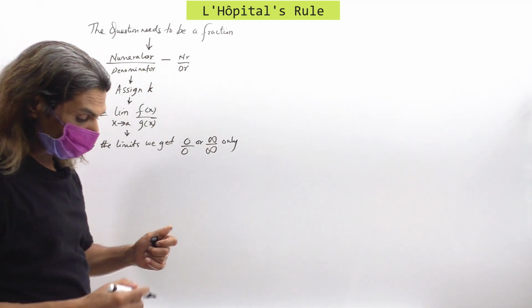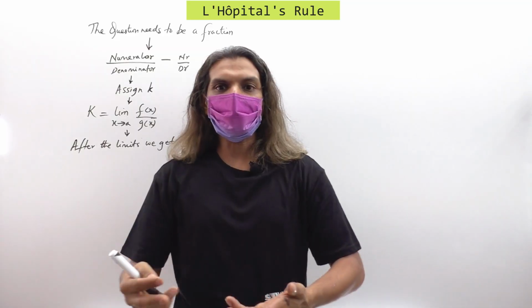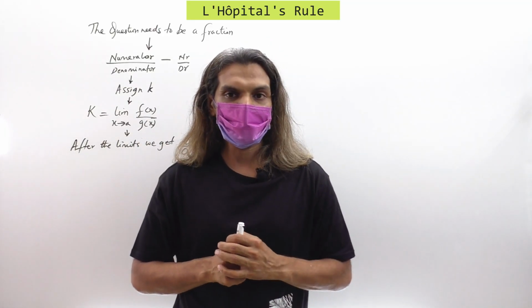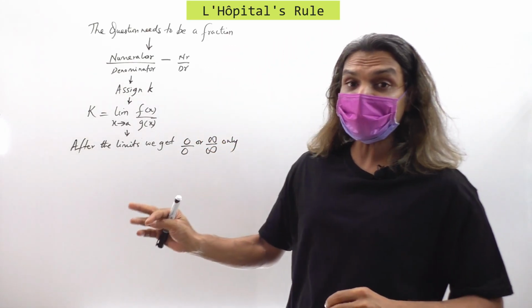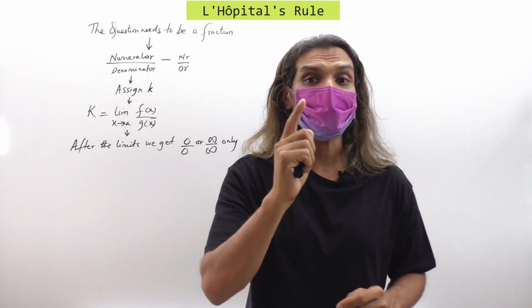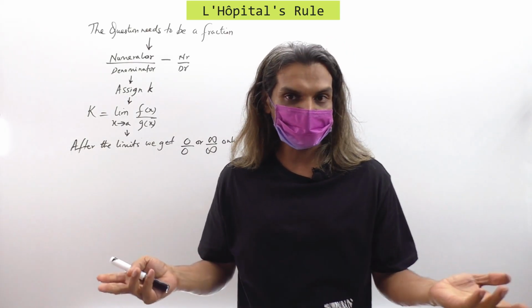Be careful here, because when you get any indeterminate form, you jump up to apply the L'Hopital's rule. It's not like that. Many people fail here. Remember, the compulsory condition is 0 by 0 or infinity by infinity only. Then only you can apply the L'Hopital's rule, otherwise you cannot.